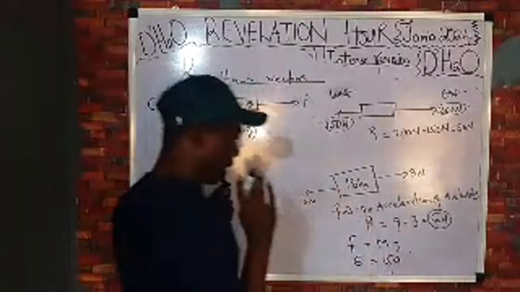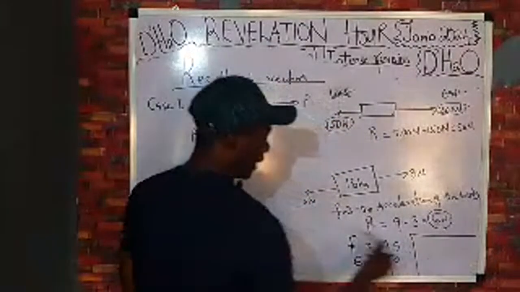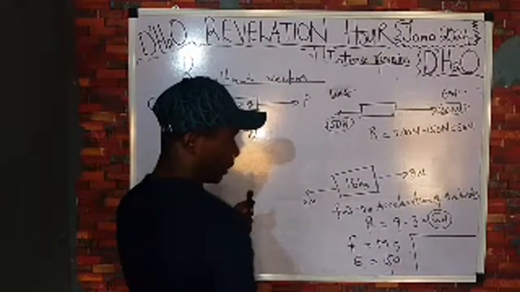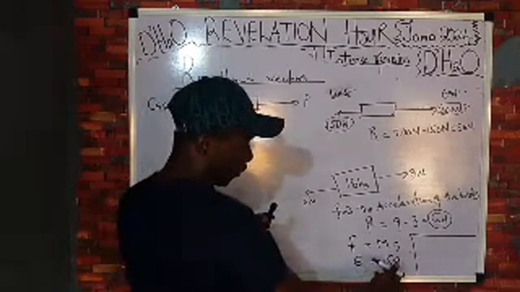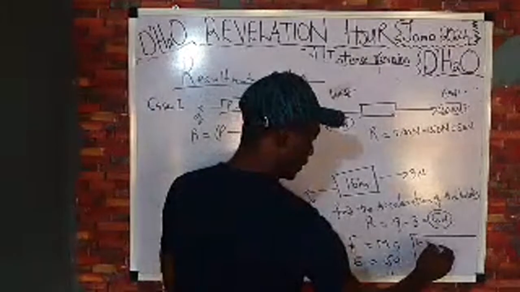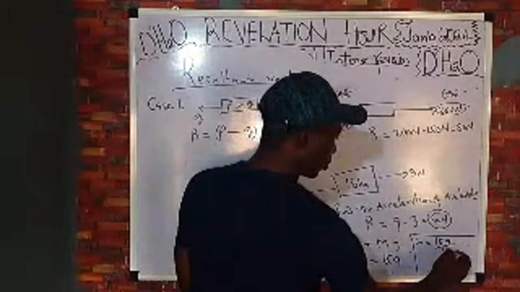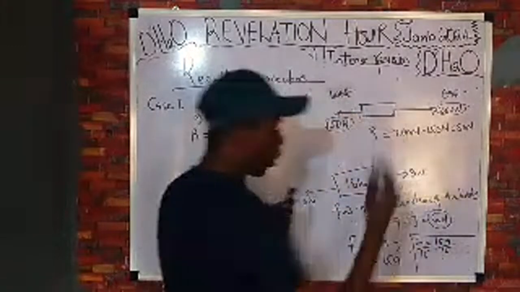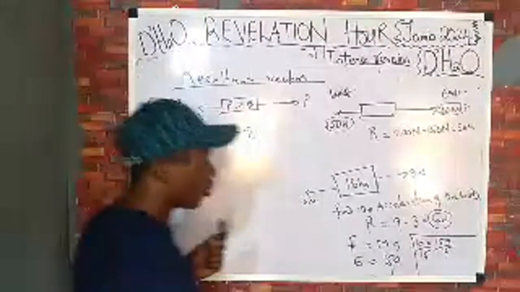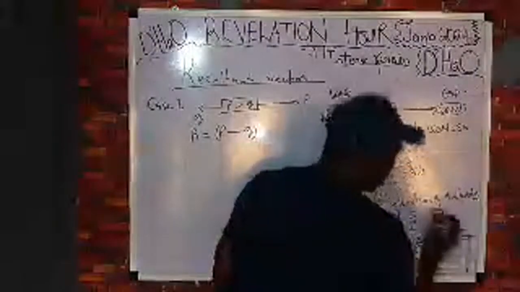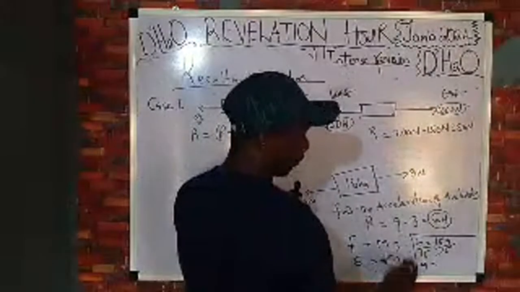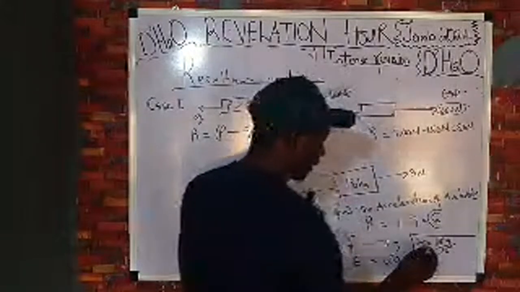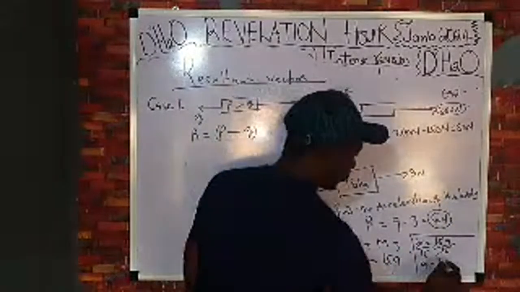Acceleration is A. Very good. You divide both sides by 15 so that you isolate A. So if 6 is equal to 15A, you divide this side by 15 and that side by 15. So 15 over 15 cancels, leaving A. A equals 6 over 15. Let's quickly do this. If I divide here by 3, I get 2.